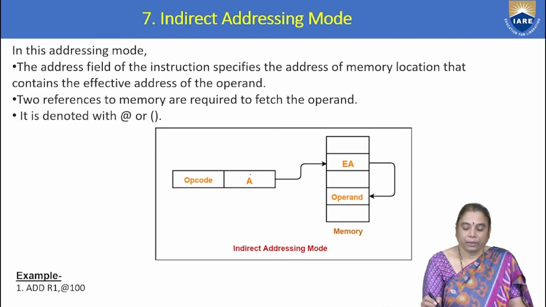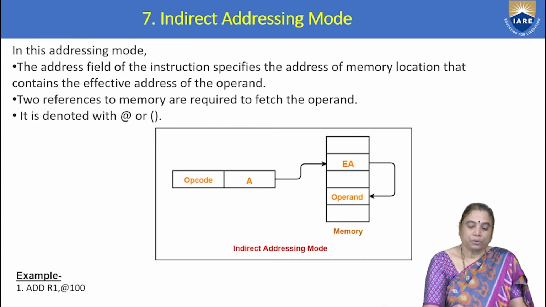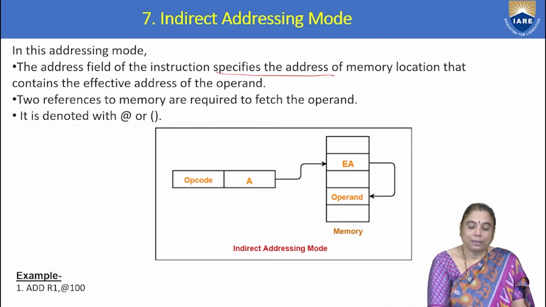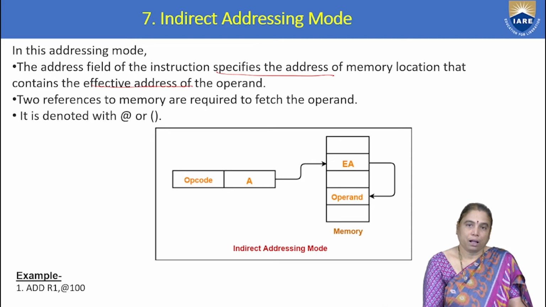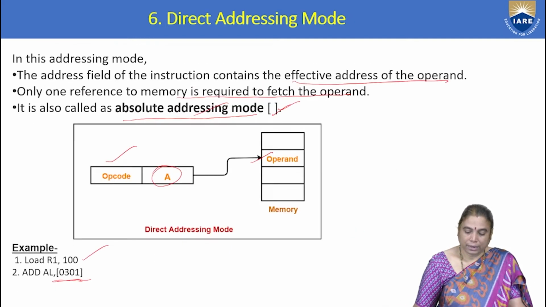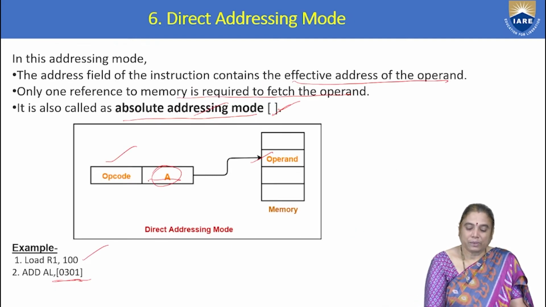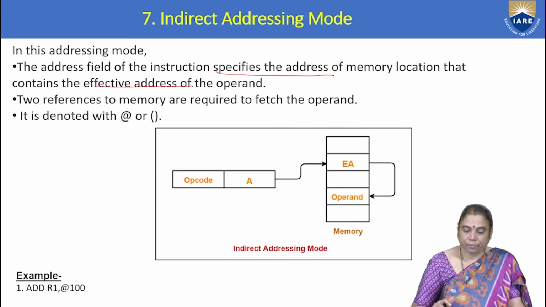Another memory location has to be accessed by the system in order to identify the operand. The address field of the instruction specifies the address of the memory location that contains the effective address of the operand. But in the direct case, the address specified is itself the effective address.